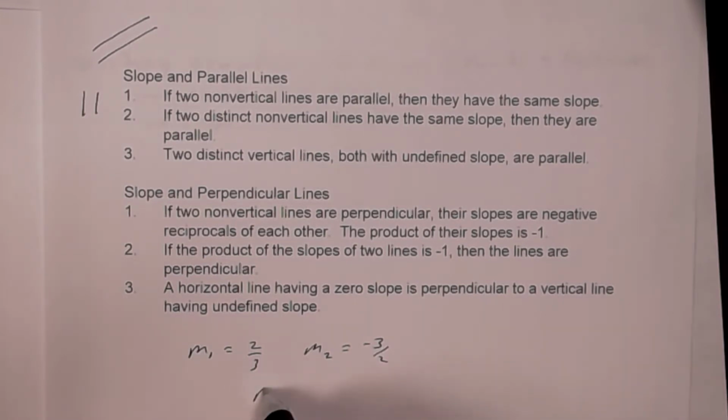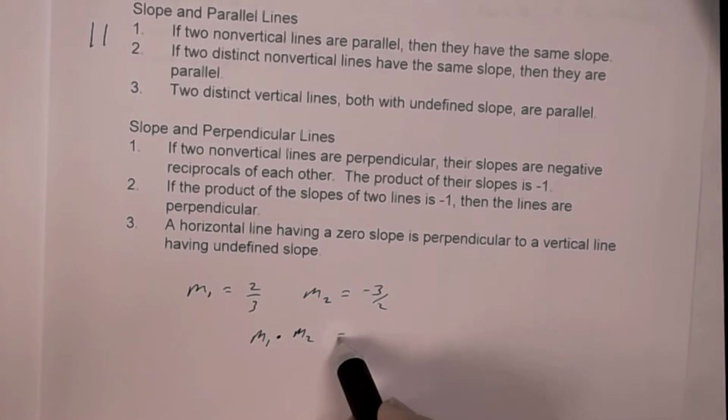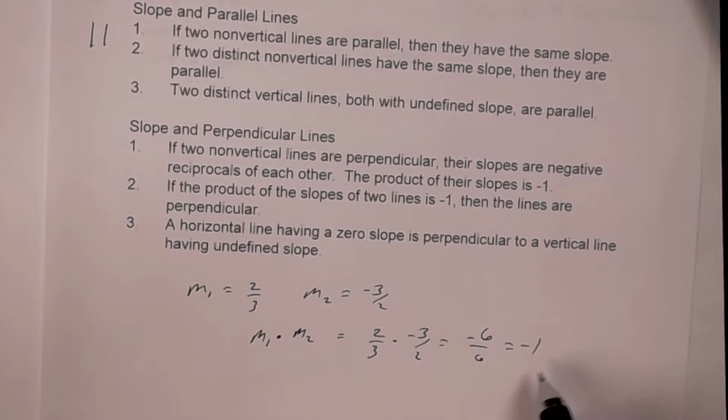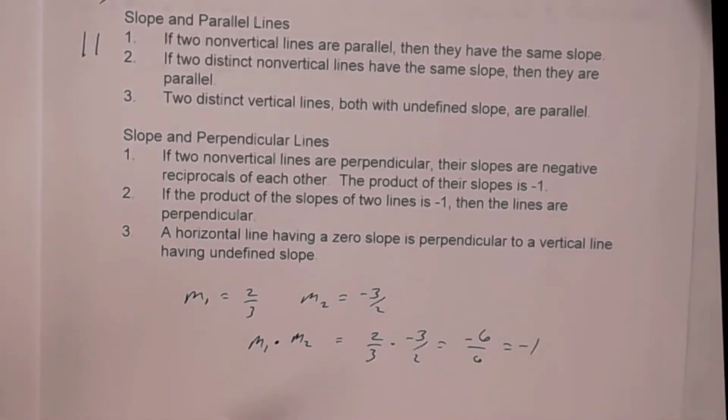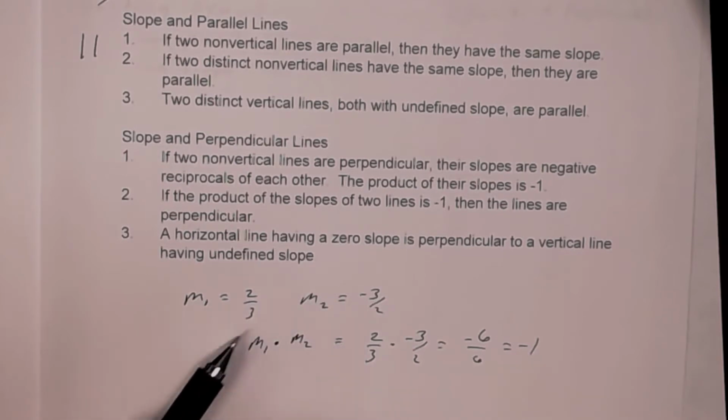But if you multiplied the slope of the first line by the slope of the second line, 2/3 times -3/2, their product, 2 times -3 is -6, 3 times 2 is 6, their product's -1. That's what that's saying. But what most students remember is that their slopes are negative reciprocals of each other.